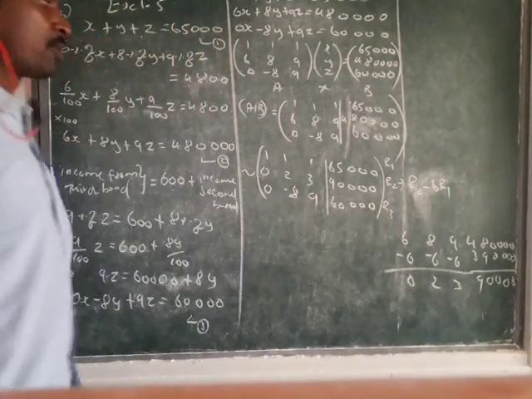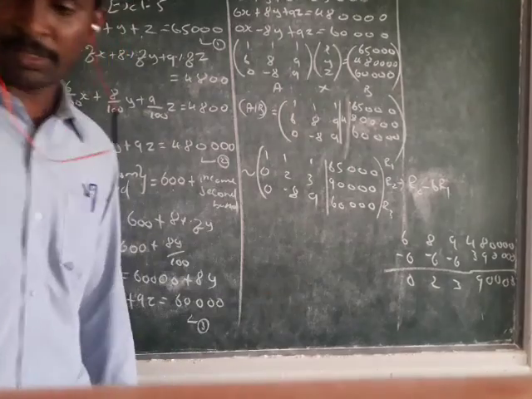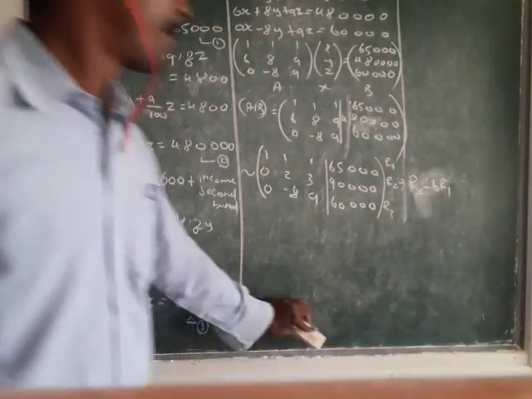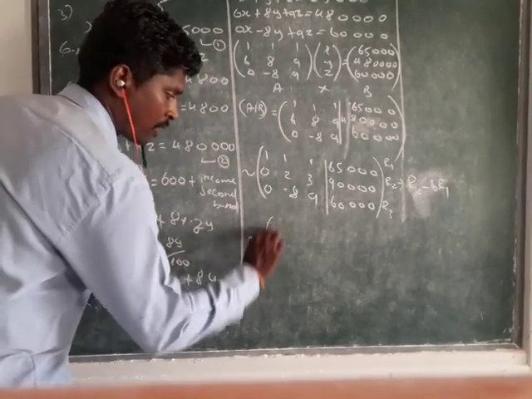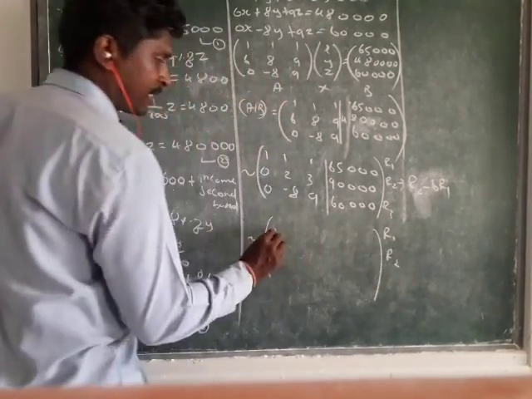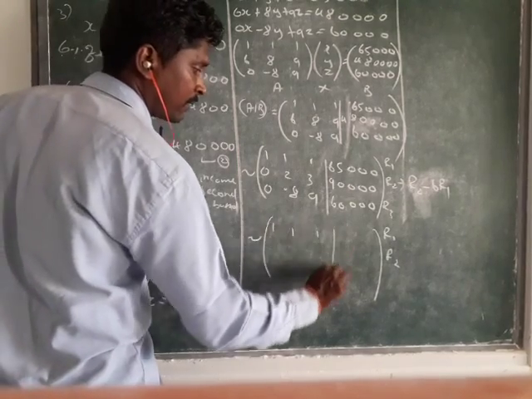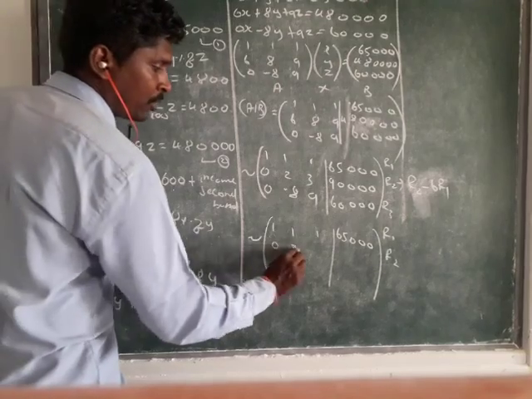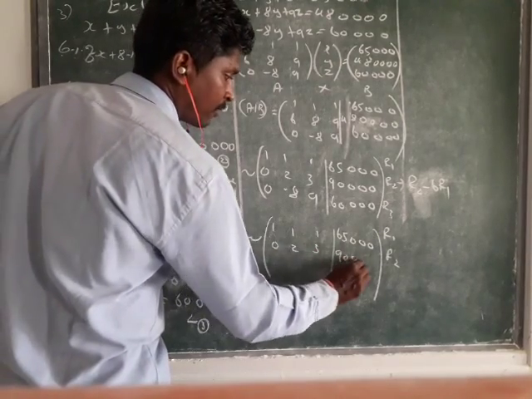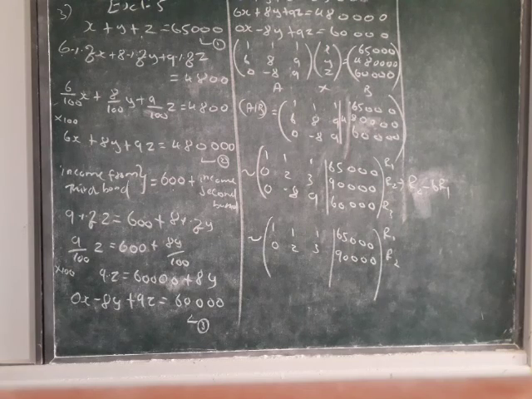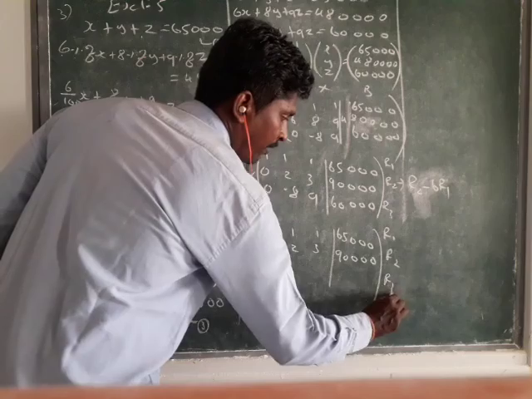Next, our aim is to bring 0 in that place. R1 and R2 have no change. Write as such: 1, 1, 1, 65,000, and 0, 2, 3, 90,000. Now we want to bring -8 to 0, so just multiply 4 into R2 and add to R3.